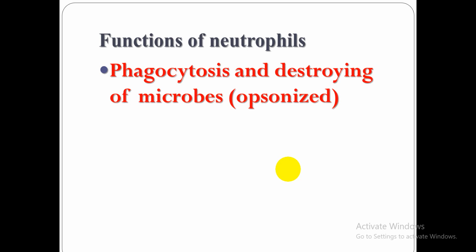When a microbe is covered with some components like complement components or immunoglobulins, the neutrophils can recognize them better and they uptake these microbes, they phagocytose them, and after that they can destroy these microbes.